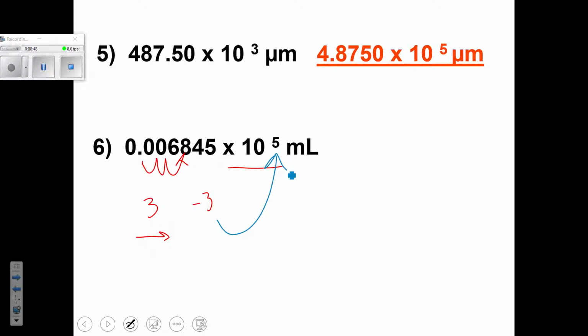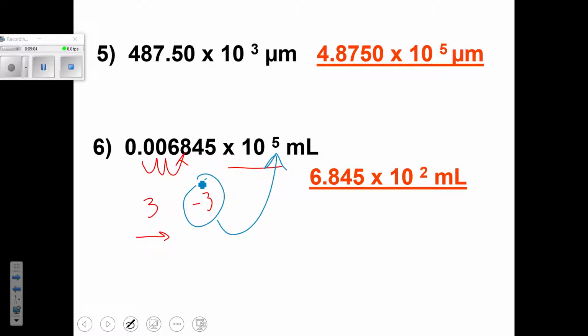So then what we're left with is 10 to the 2nd power. 5 minus 3 gives us 2. Our new number is written as 6.845 times 10 to the 2nd power. So again, whatever your normal exponent would have been, combine it with the one that is already shown, and just pay attention to the signs.